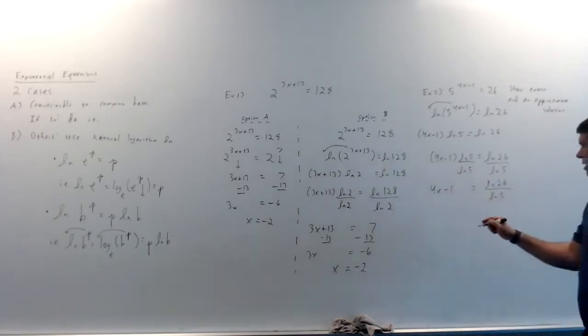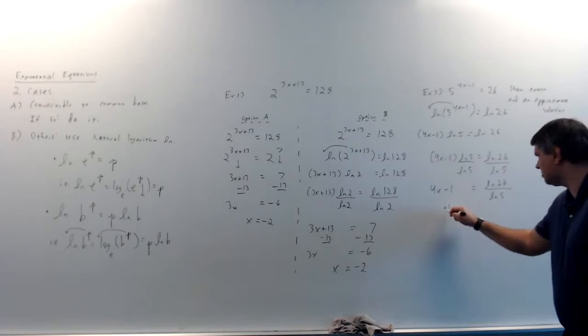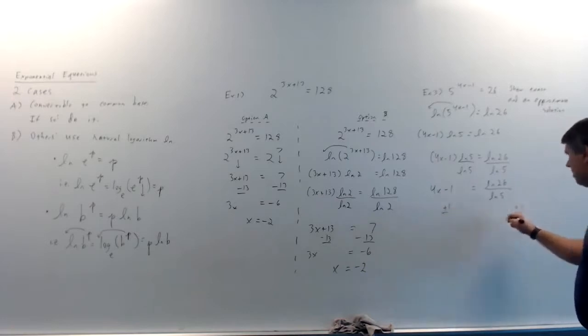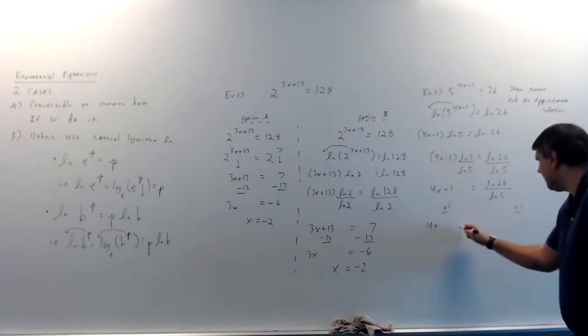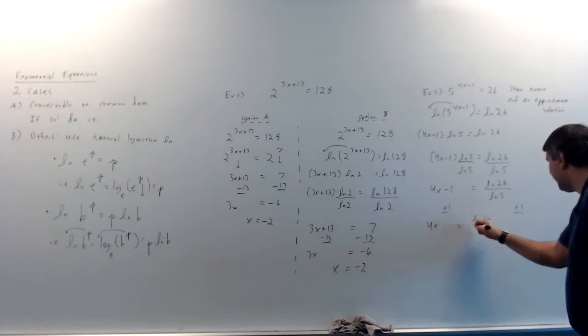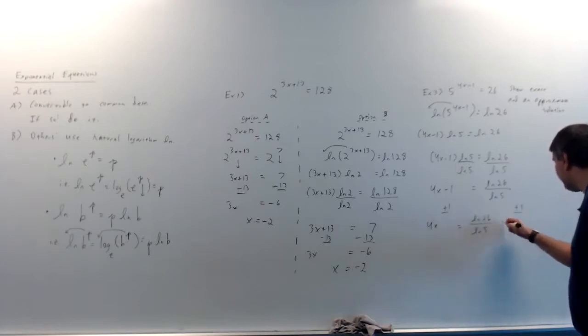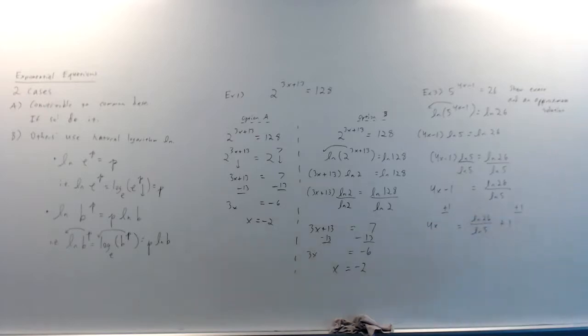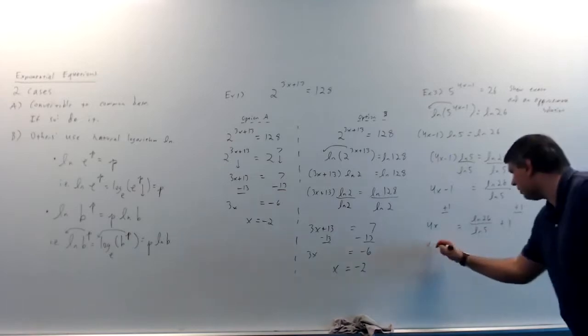We want to get the x by its lonesome, so we'll add 1 like we normally would. So now I have 4x equals the natural log of 26 over the natural log of 5 plus 1. Next, I would divide off the 4.